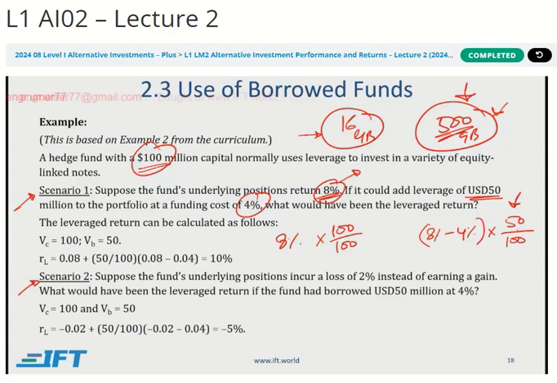So first of all, 8 minus 4, the difference between the return and the cost, multiplied by the ratio of the amount of money you borrowed with respect to the amount of money that was your own, plus the rate that you earned purely for yourself, no cost over here, multiplied by the amount of money that you invested divided by what was your own.